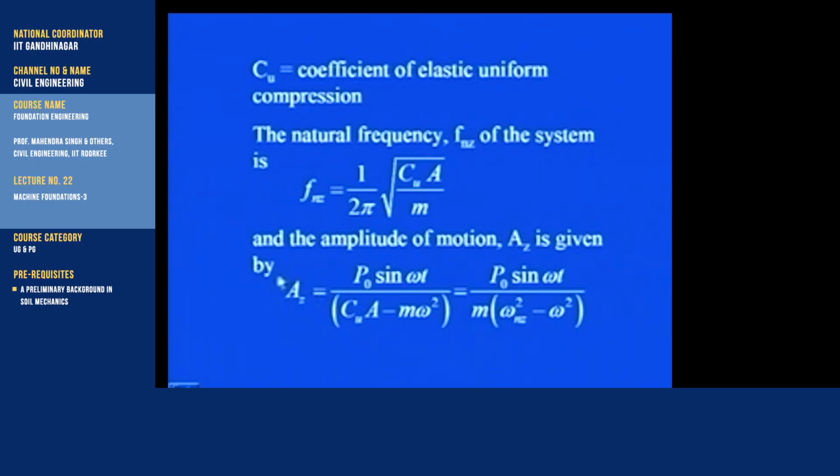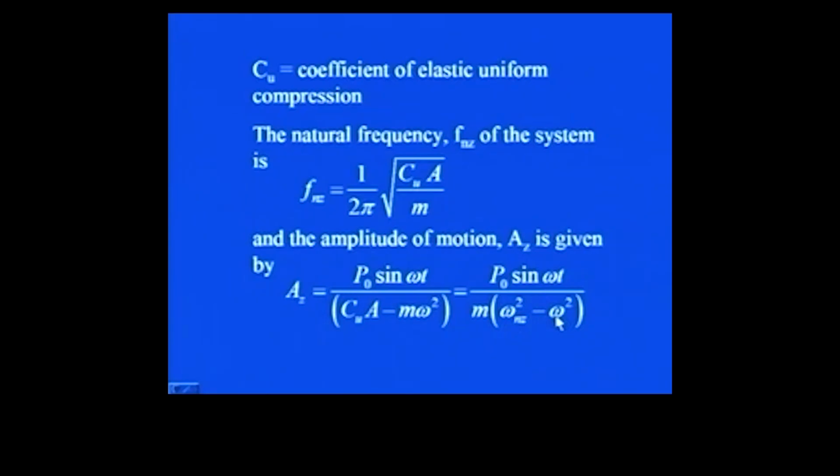So, the expression for Az will become P naught sin omega t divided by m into omega n z square minus omega square. This is how you can find out the natural frequency and the corresponding amplitude for vertical vibration of the block foundation.